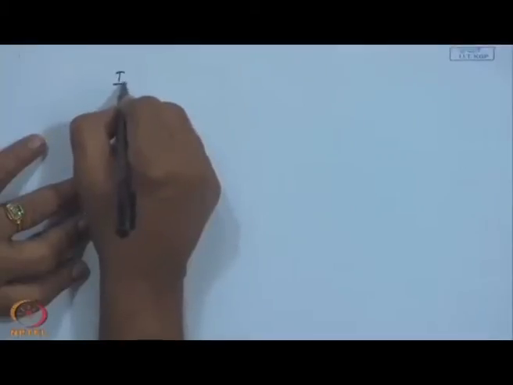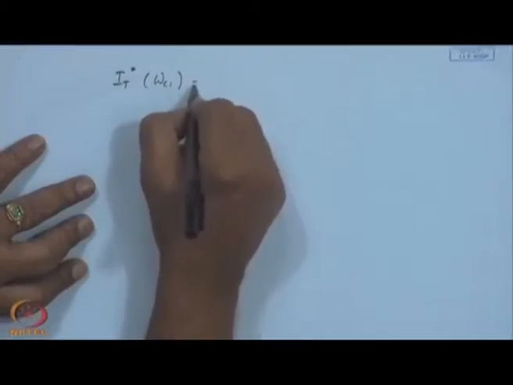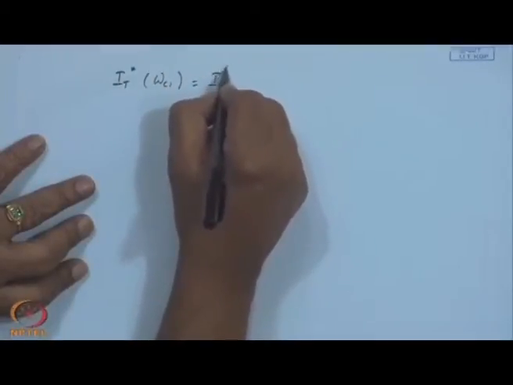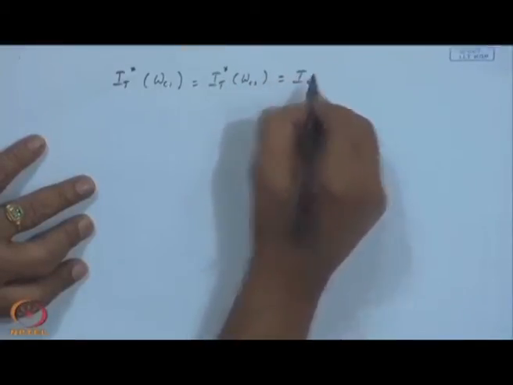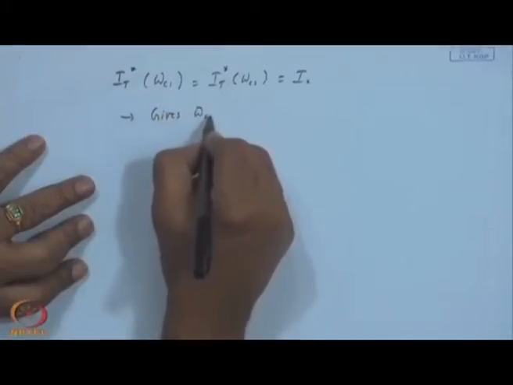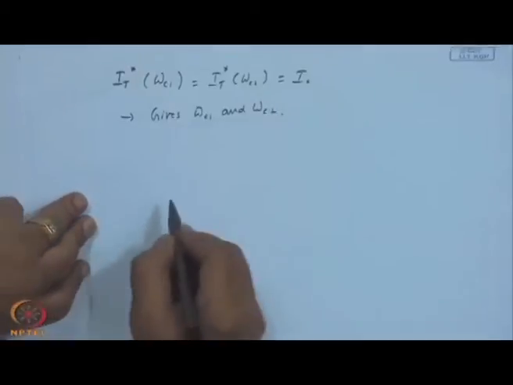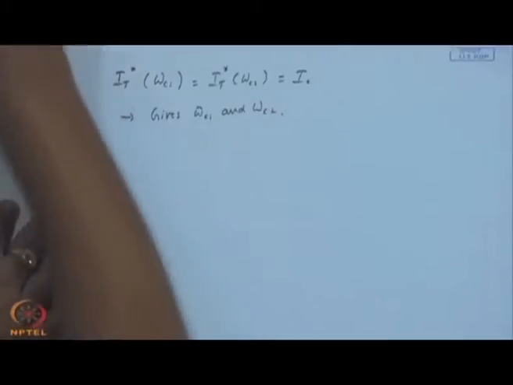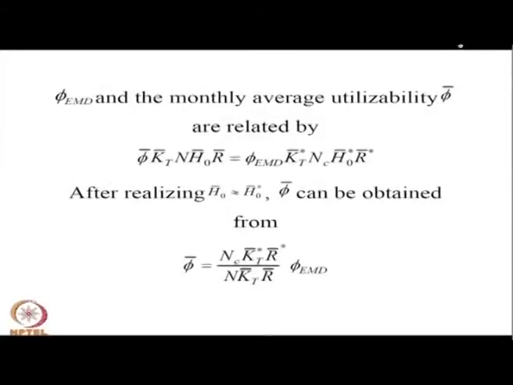So, IT star at omega C1 equal to IT star at omega C2 equal to IC. This gives omega C1 and omega C2. That can be expressed in terms of RT and RD correlation, there is no problem.